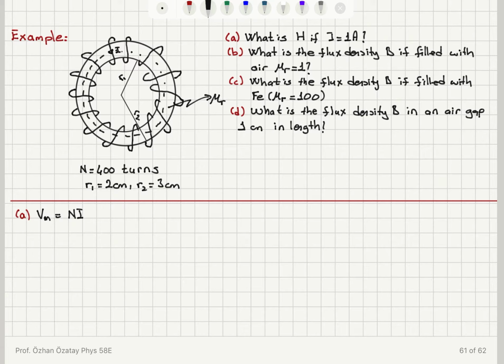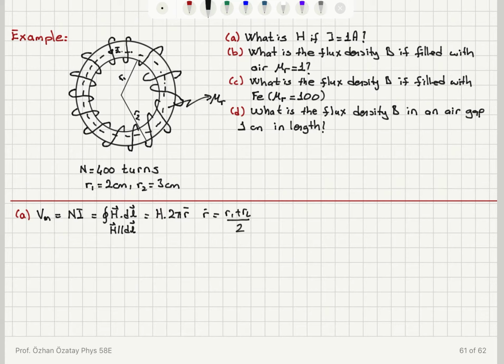That's an Amperian loop where the total current enclosed by this path is equal to N times I. This is the closed path integral of H dot dl, which gives, because we have the same magnetic field circulating around, and the H and dl vectors are parallel to each other inside the toroid, H times 2 pi r bar, where r bar is (r1 plus r2) over 2.